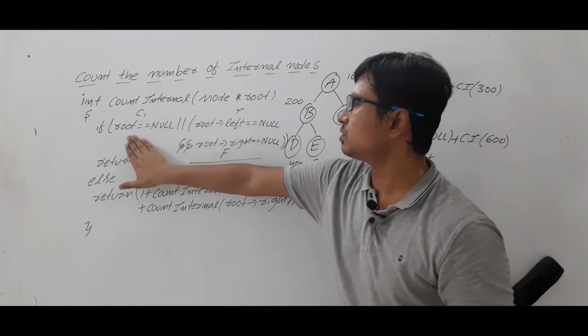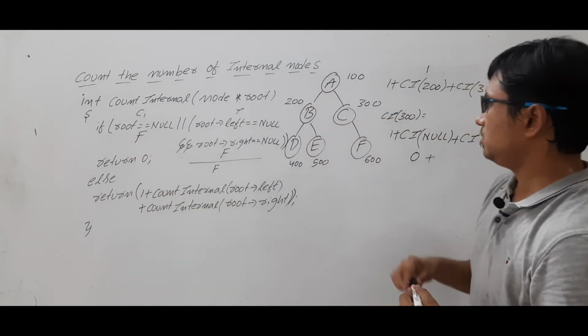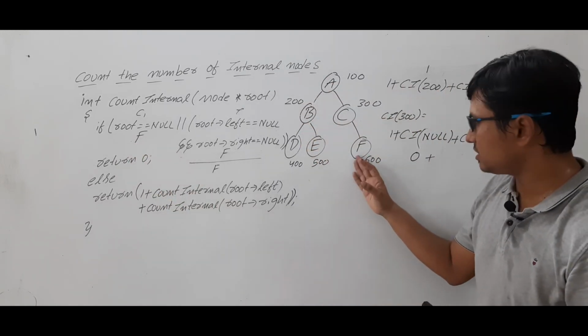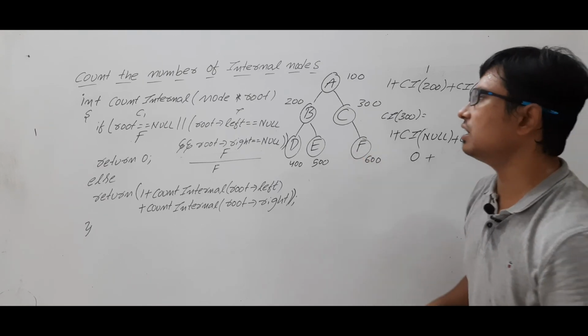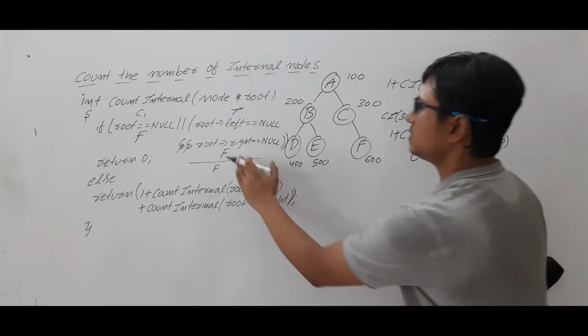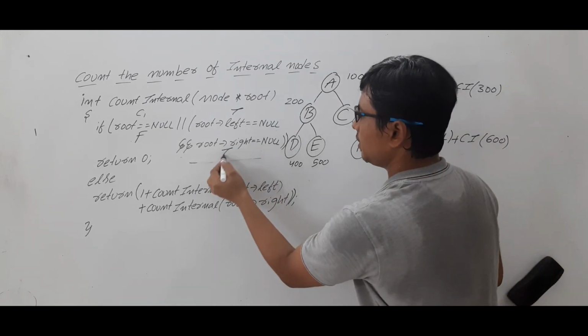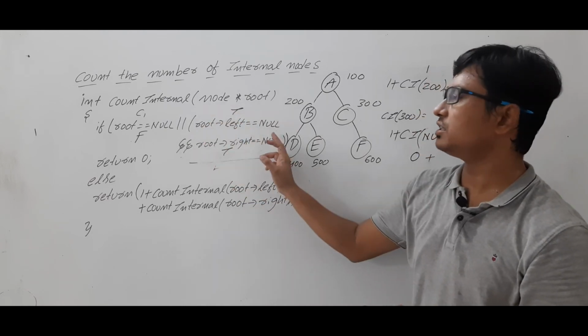Now 600 is not equal to null. This will be false. Now 600 left, because it is a leaf node, it does not have any left child, so it will have the value null. So this is true, and this is also true. Now this true and this true, then this entire condition will be true.